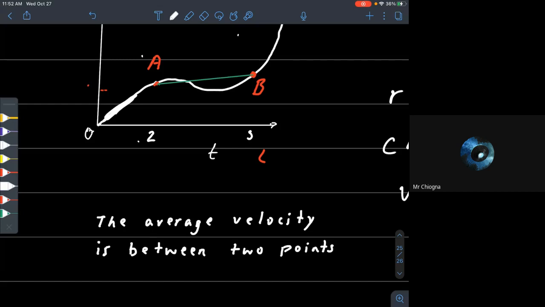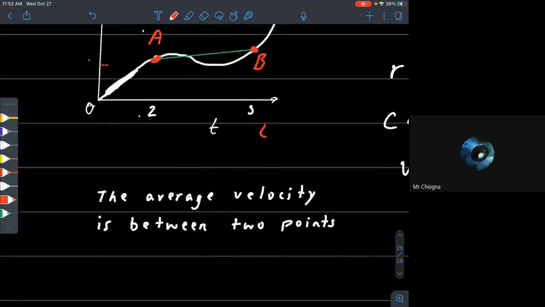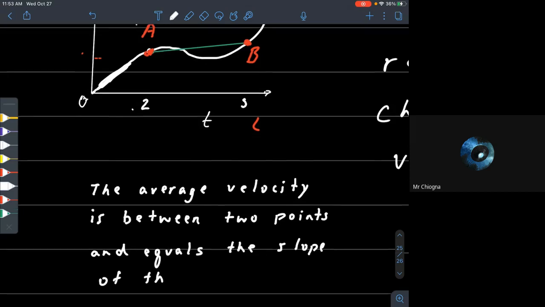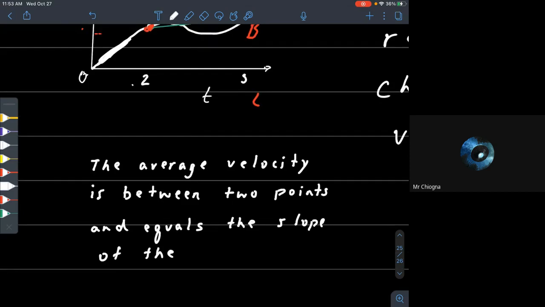You need 2 points, a point A and a point B. The average velocity between 2 points equals the slope of the line that joins those 2 points, the green line in this case.